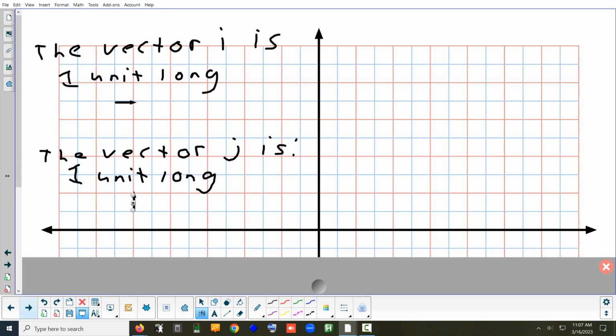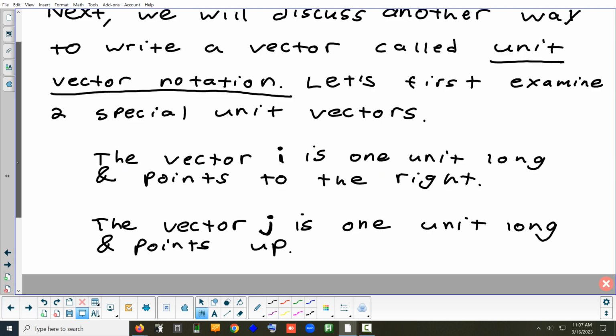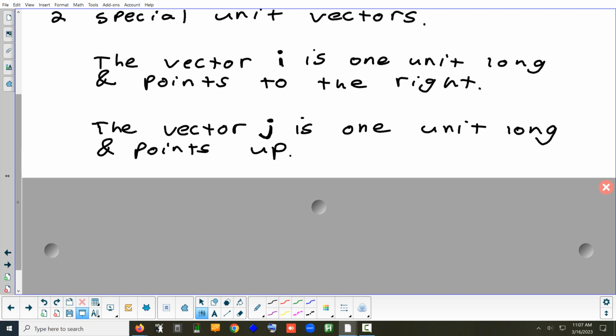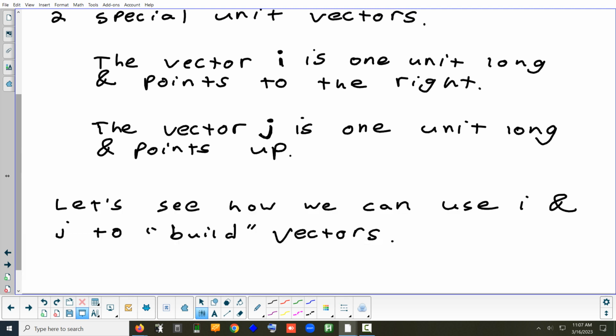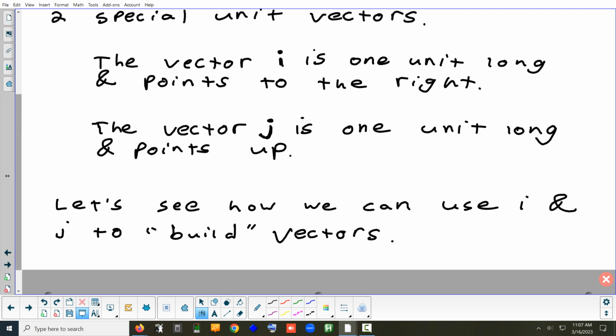There's a picture of j right there. So any questions on what i and j are? Now, what we're going to do is think of i and j as like building blocks, like pieces we can stack together to make vectors. And if you think of building a vector piece by piece with i's and j's stacked together, that's going to give you the last notation that we use.